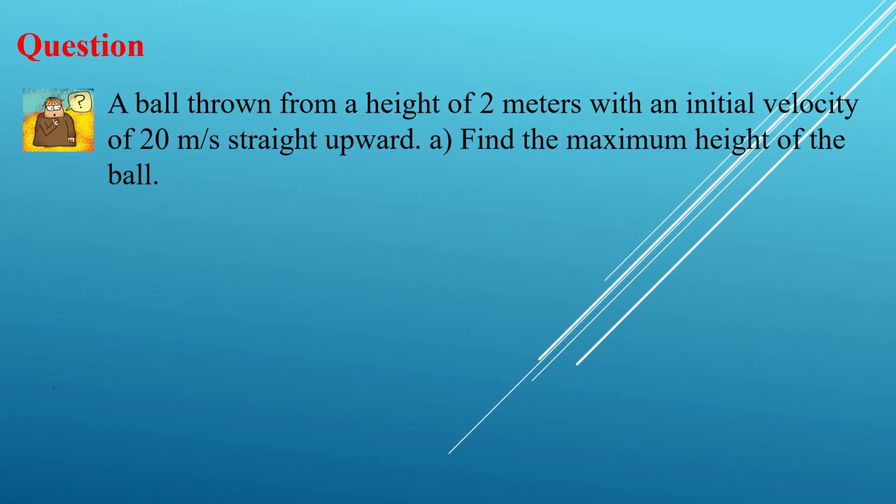So now what I have here is VB is gonna be 0, VA is gonna be 20 meters per second, and then I know the acceleration g is gonna be 9.8 meters per second squared, or I can say approximately 10 meters per second squared.